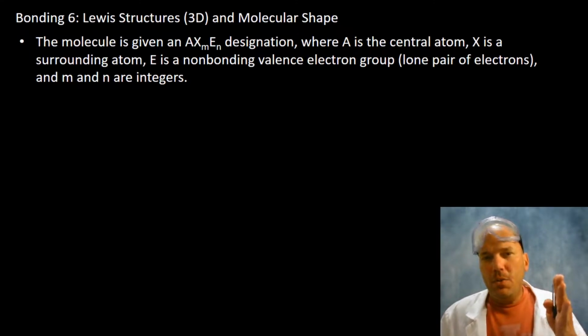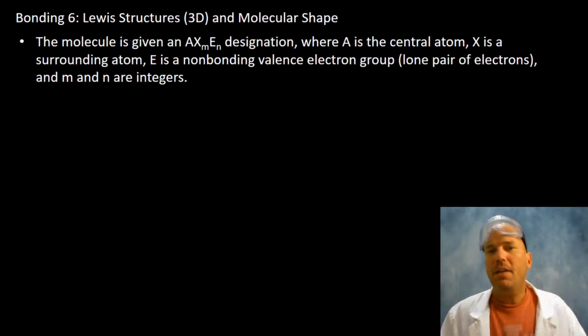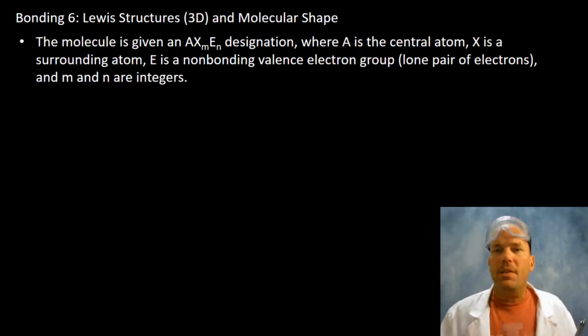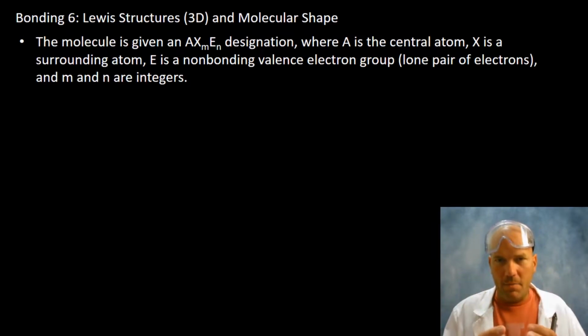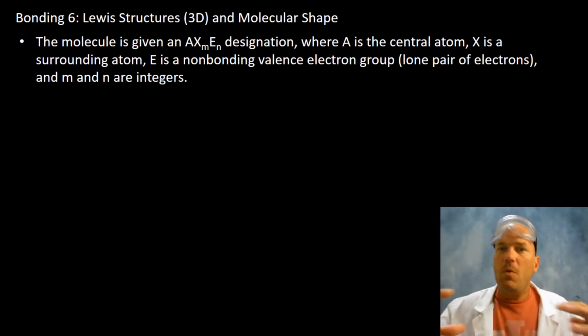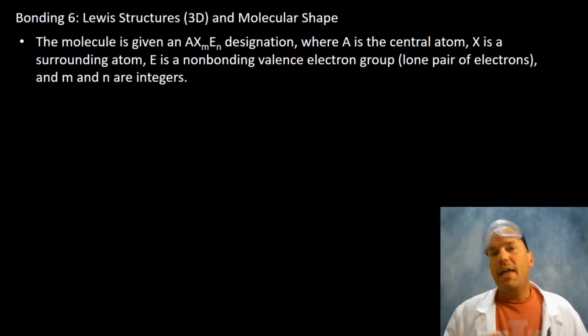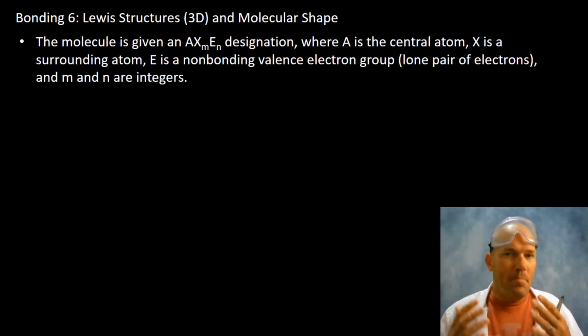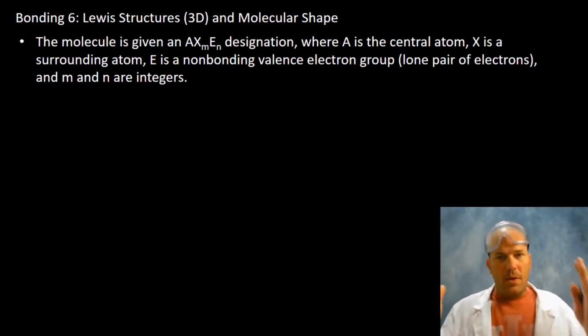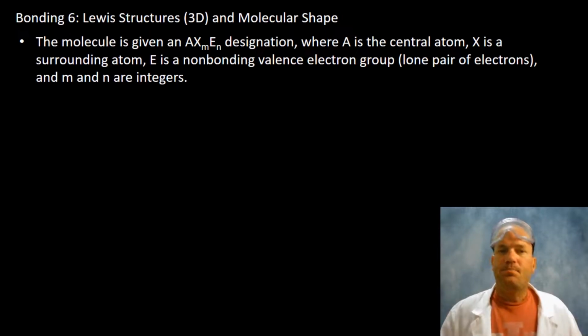We're going to denote the molecular composition with an AXE designation. The A is representing the central atom. X is the surrounding atom or atoms, and E would be non-bonding valence electron groups. Those are going to be your lone pairs of electrons.